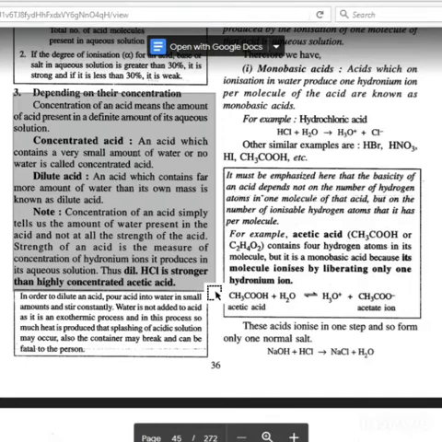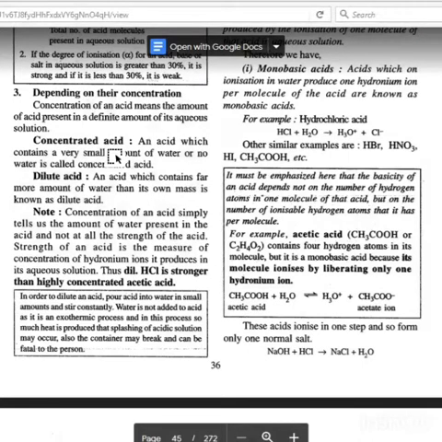One thing very important, dilute HCl is stronger than highly concentrated acetic acid. The reason behind is the concentration of hydronium ions, which are more and more in case of HCl.